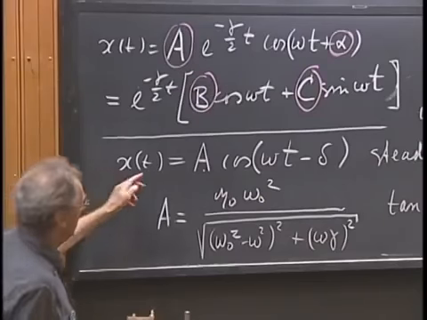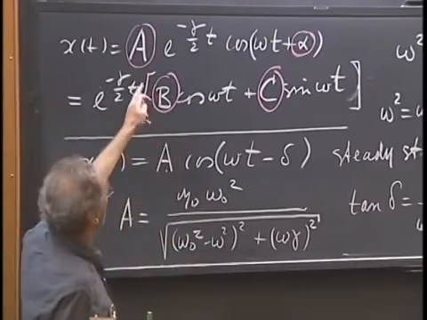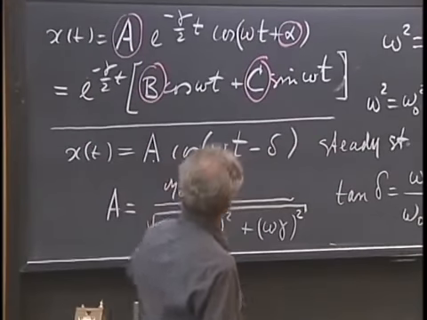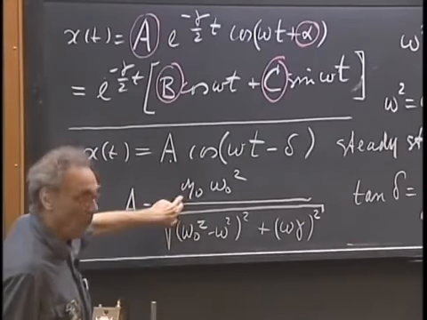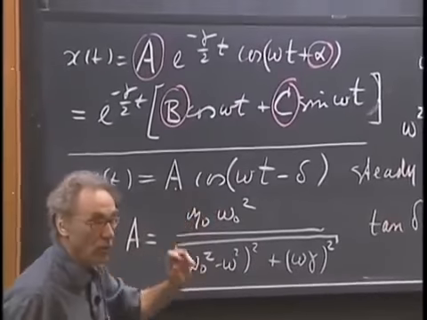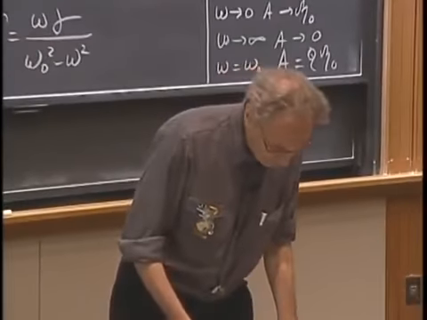This A has nothing to do with that A. This A follows from the initial conditions, just like that alpha. This A does not follow from the initial conditions. This A follows from eta 0, what my amplitude is of my driver, and it follows from omega. So the two A's, don't confuse the two.